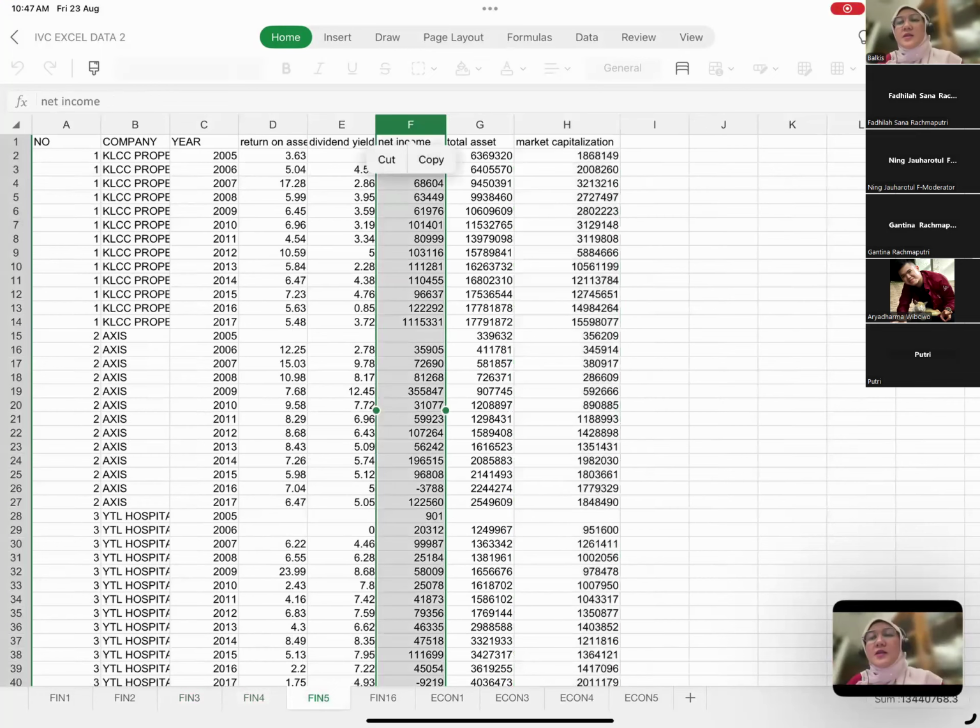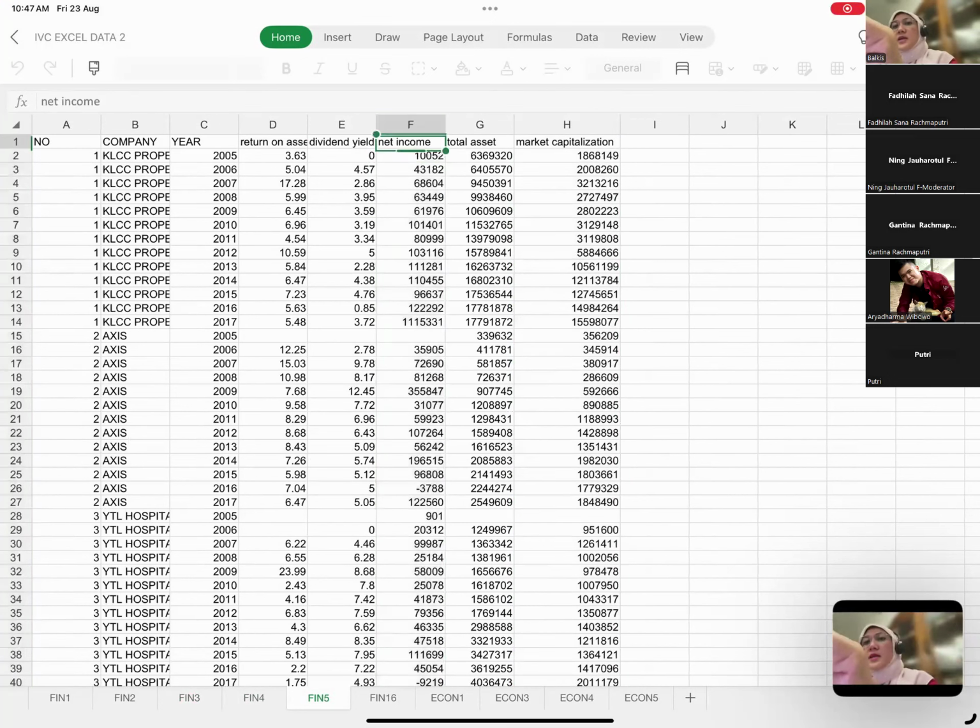If you look at this data under the Fin 5 worksheet, net income, the F column, net income is the Y, net income or net profit.